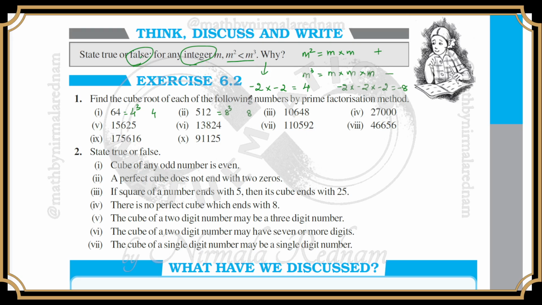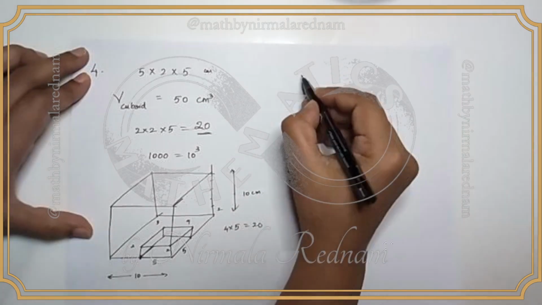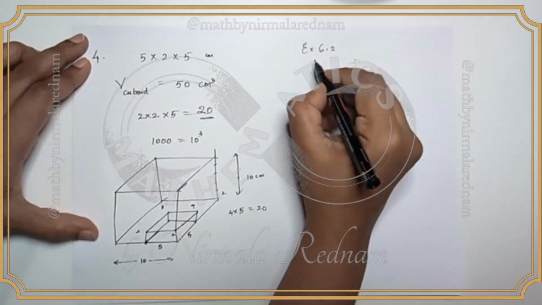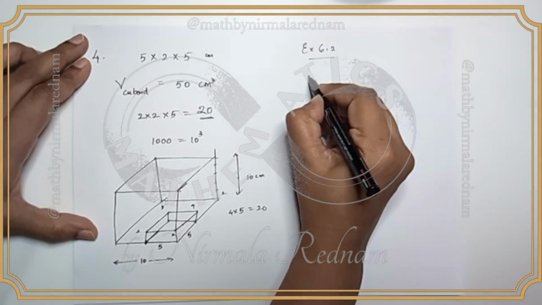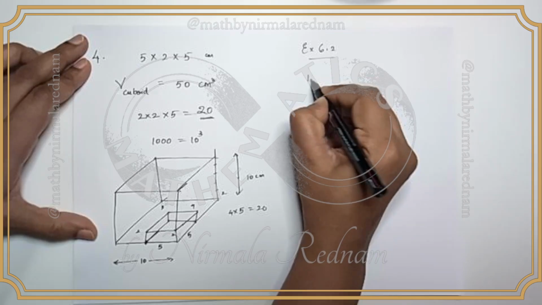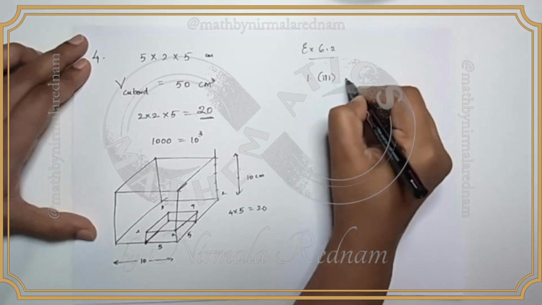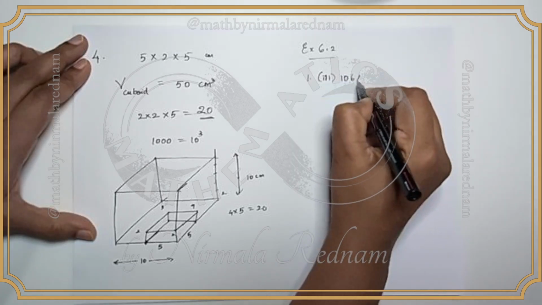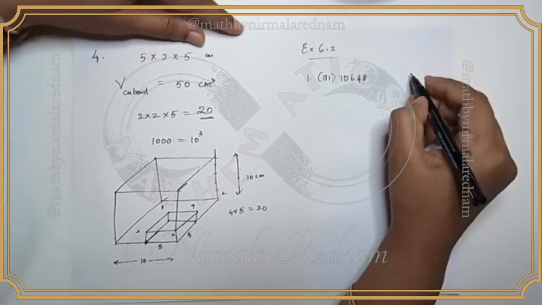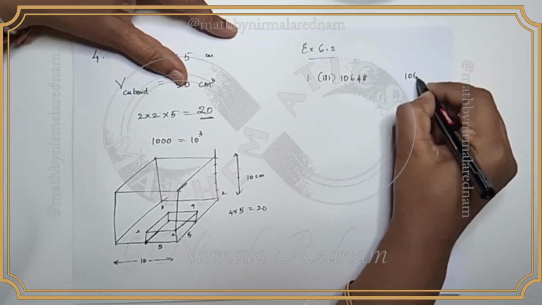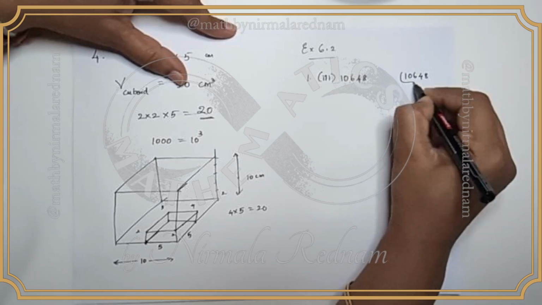So let's start from 10648. So here, exercise 6.2, second, first question, third bit, 10648. Let's do the prime factorization in order to find out the cube root. Clearly 2 is going to work.